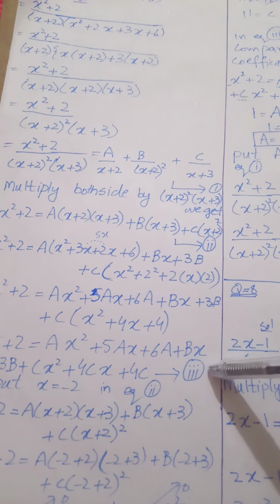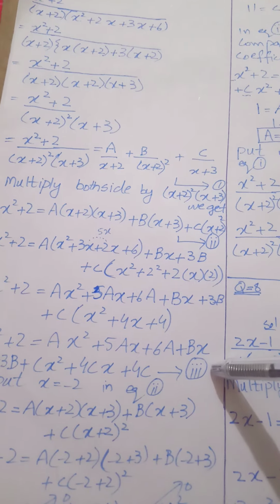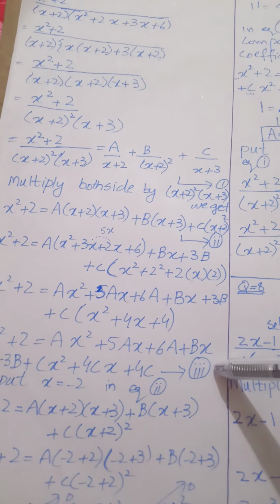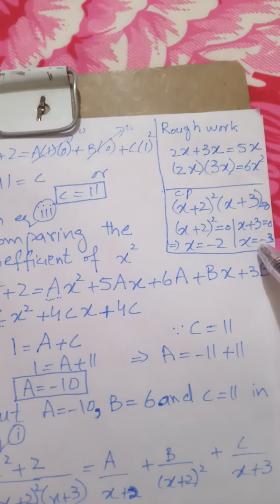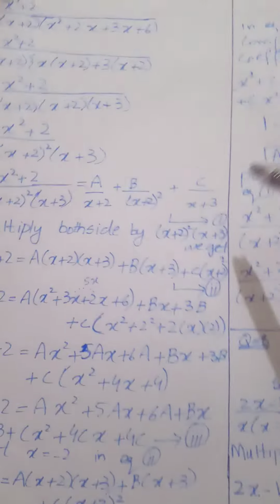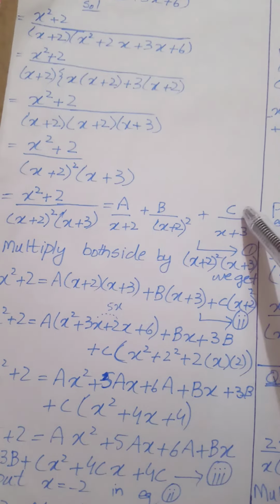Now this is equation number 3. Why can we take equation number 3? Because there are only 2 points, x is equal to minus 2 and x is equal to minus 3, and there are 3 unknowns, a, b and c.